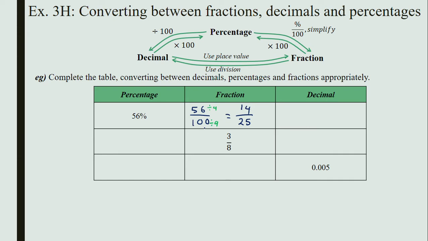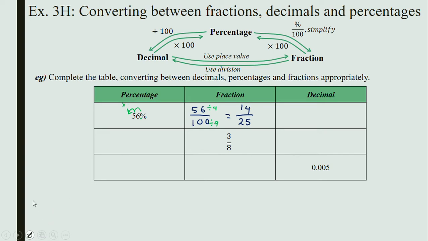the fraction. To convert it to a decimal, we need to divide 56 by 100. Now, the quickest way to do that is to move the decimal point, currently here after the 6, forward 2. So dividing by 100.